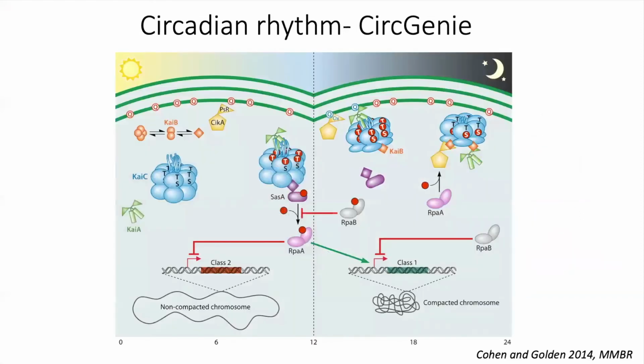This is the newest one, circadian rhythm Genie. The name is pretty provisional at this point, but this is actually a really cool pathway as well. I've always thought that circadian rhythm was just found in eukaryotes, but it turns out that there's a bunch of phototrophs, cyanobacteria, that are able to regulate gene expression based on nighttime and daytime.